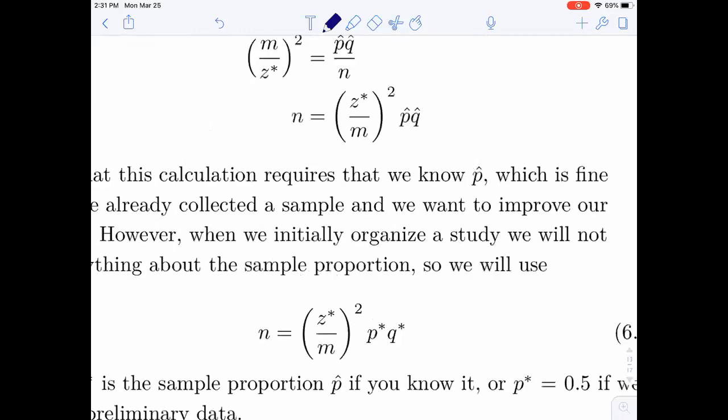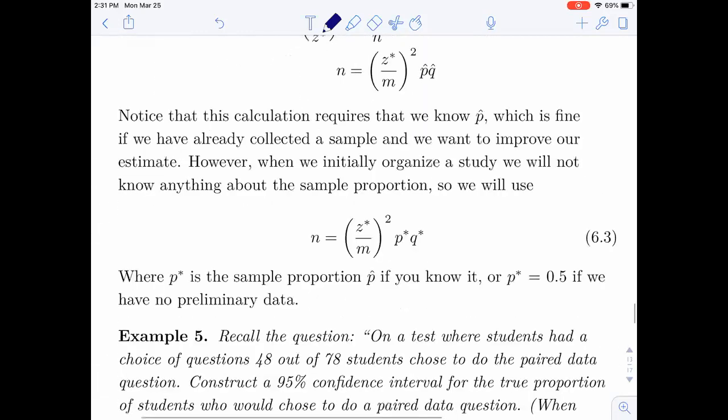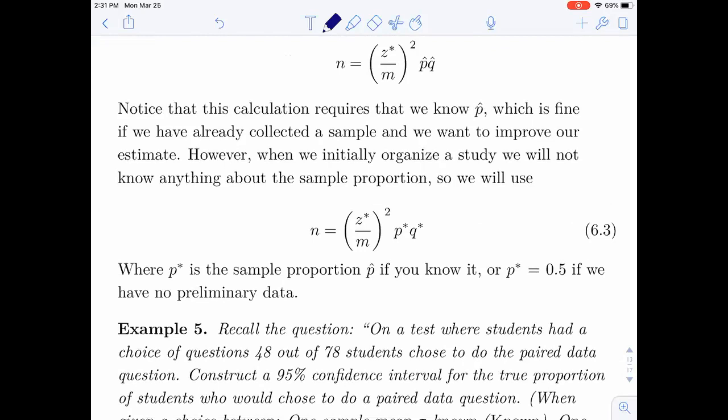So what we do is, I'm gonna zoom in here. Instead of using the p hat q hat, which are your sample proportions, which we don't necessarily have, we're gonna use p star q star. So there's p star q star, I know so many p's and q's, on your formula sheet.